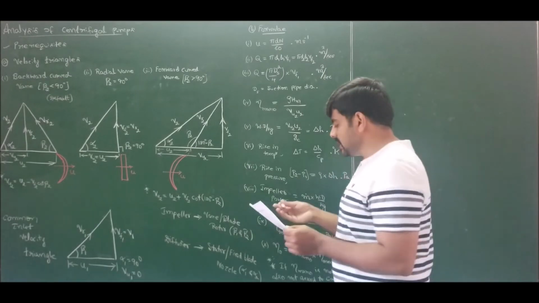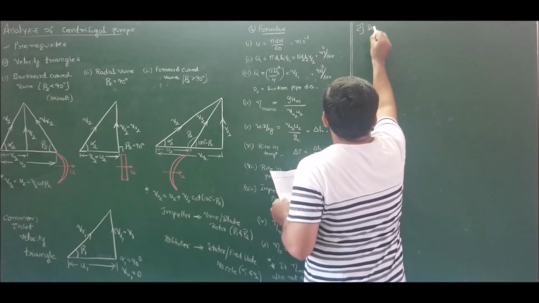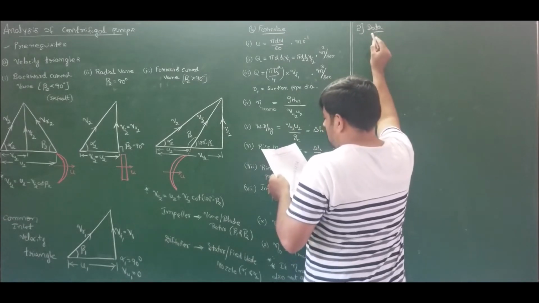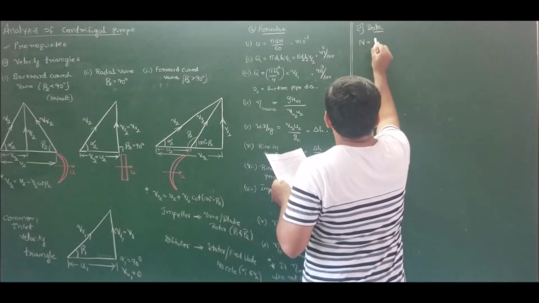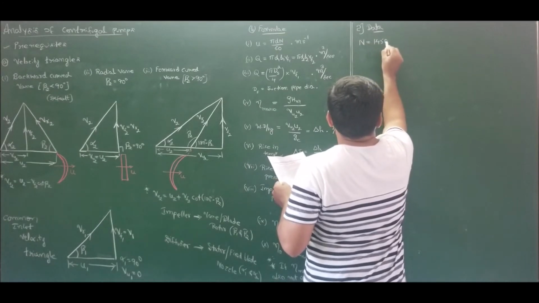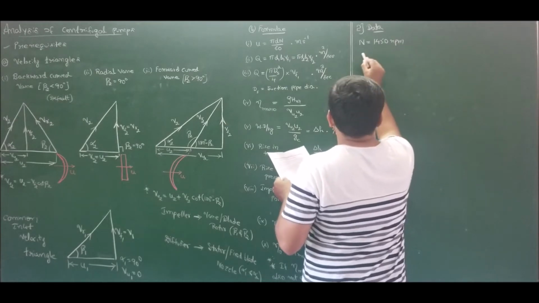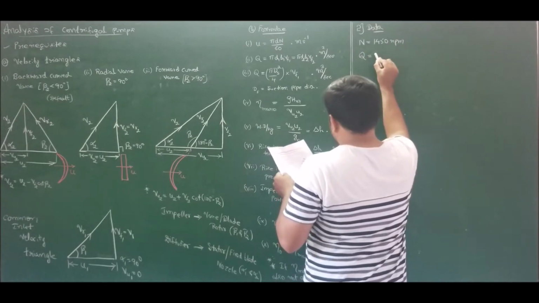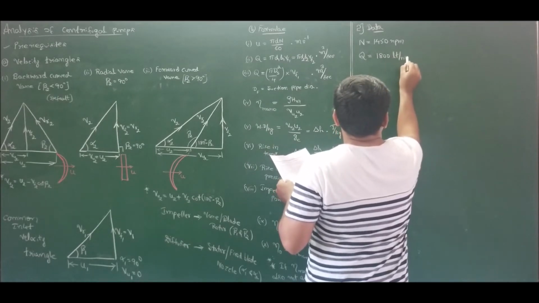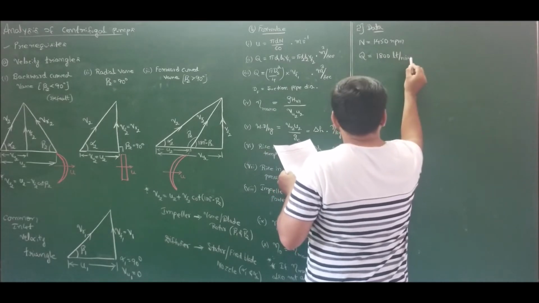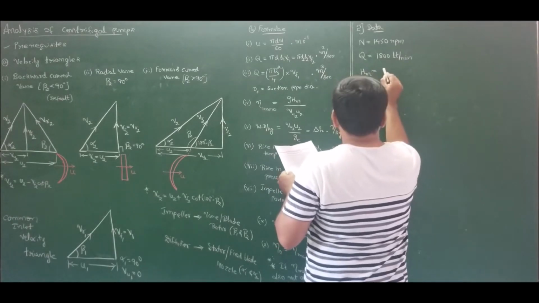So if I list out the data given for problem number 2, we have a centrifugal pump designed to run at 1450 rpm, speed is specified, with a maximum discharge Q of 1800 liters per minute against a total head, that is manometric head, which is equal to 20 meters.